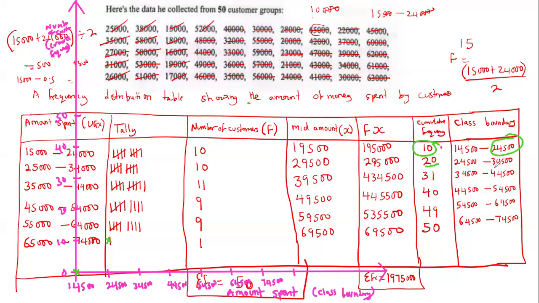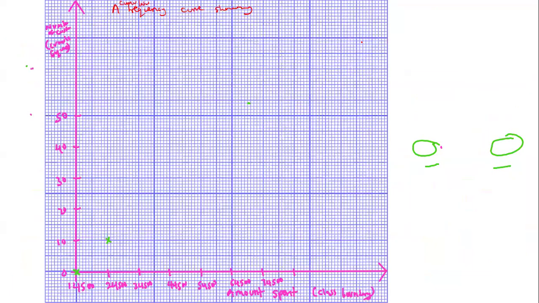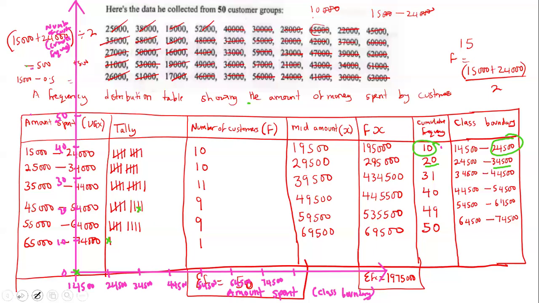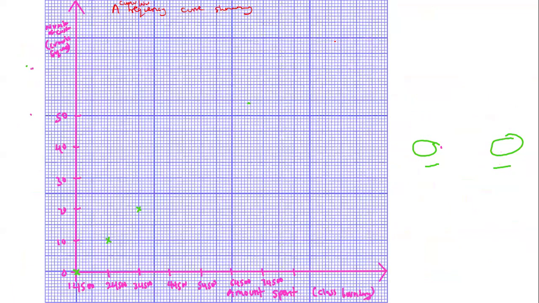This 20 belongs to 34. So I'll say 20. 34 is 20. 20 is here. Then the next one was what? 31. So 31, this is the 40 and 31. This is 31. One box here.